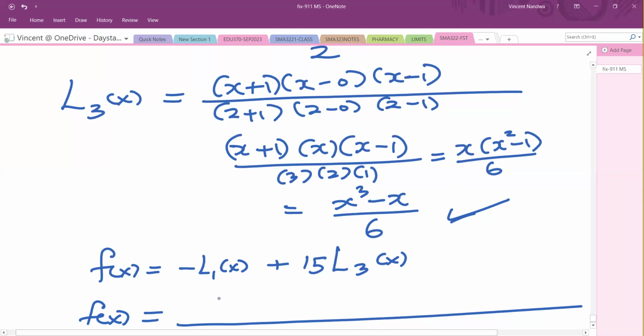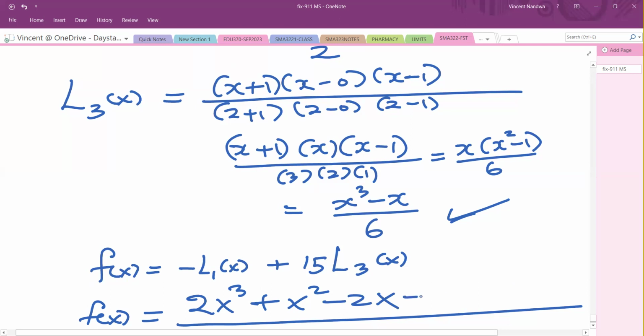Should be 2. So 2x power 3. And what is the coefficient of x power 2? 1, correct. What is the coefficient of x? Minus 2. And what is the constant term?